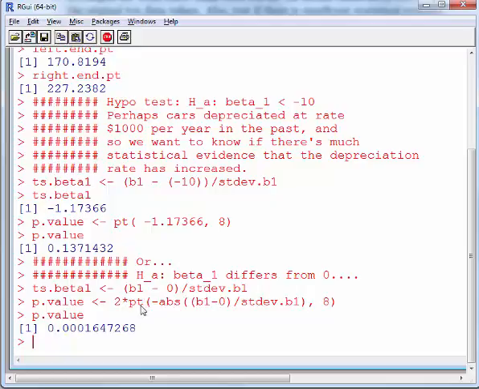This is the probability distribution for a t random variable. 8 degrees of freedom, and here's my p-value. It's pretty small. So I would conclude that there certainly seems to be a lot of evidence that it's actually different from 0.